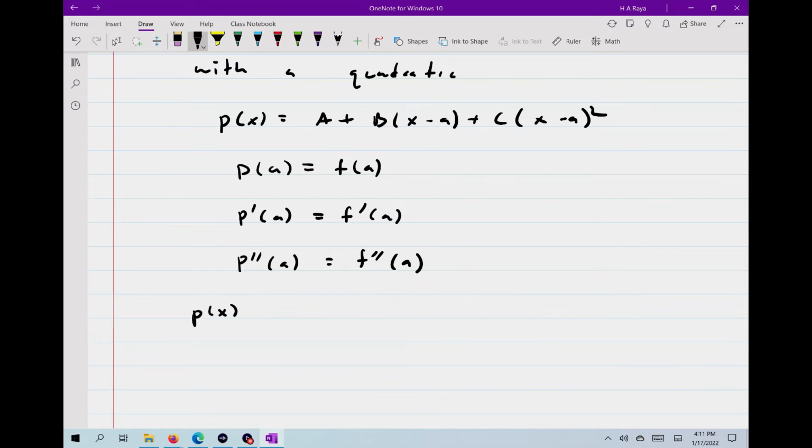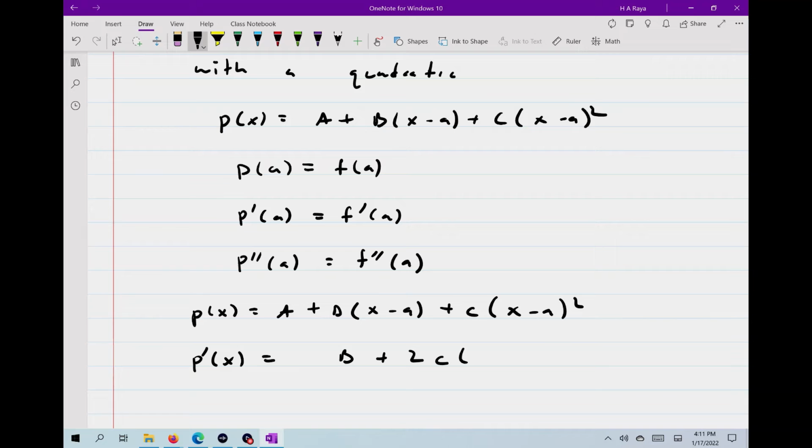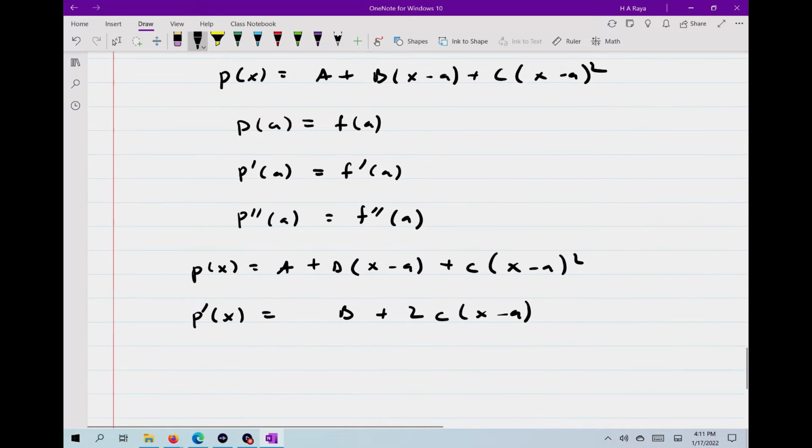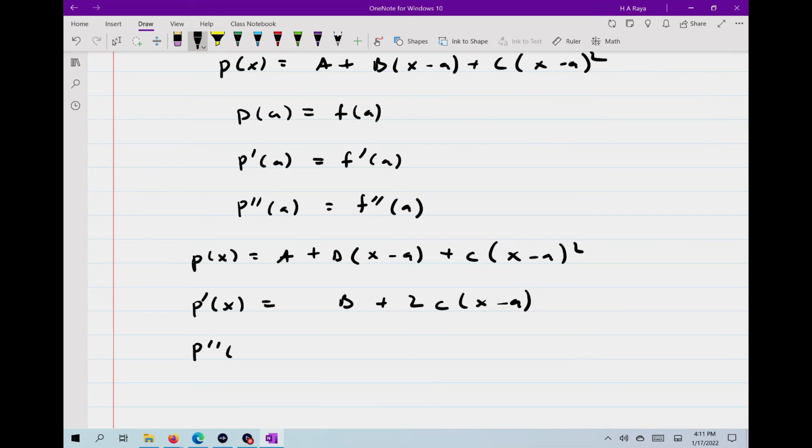We're starting off with p of x equal to a plus b times (x minus a) plus c times (x minus a) squared. The first derivative of p of x would be equal to b plus 2c times (x minus a), and the second derivative would be equal to simply 2c.